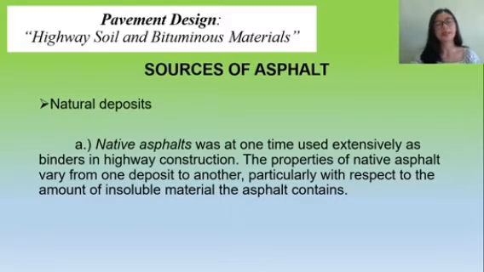It is also known that it existed in Iraq several thousand years ago. We have different types of native asphalt. We have the Trinidad deposit, which contains about 40% of insoluble organic and inorganic materials, and also the Bermuda material that consists of 6% of this material.